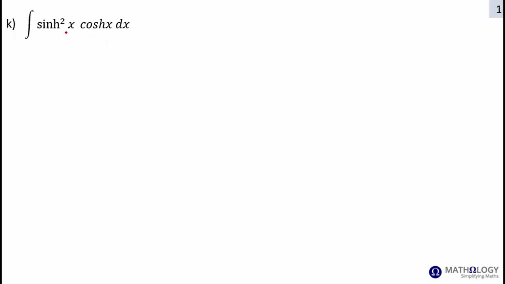Okay, again, you do have a table of integrals that you can look up all these functions. We're going to use the u-sub for sinh x. The derivative of sinh x is cosh x. That'll be dx.